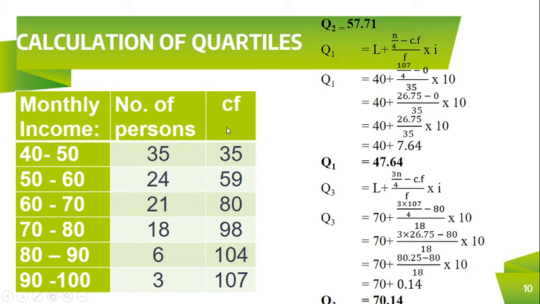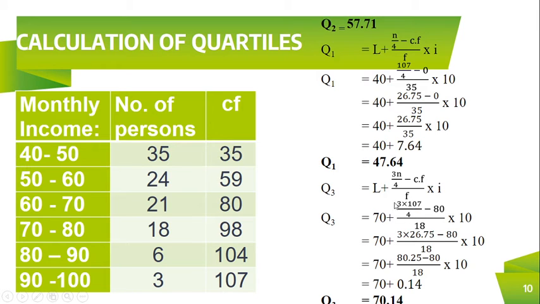So before this line there is no CF. So our CF is 0 by the frequency pertaining to the class interval selected is 35. So by 35 into the class size which is 10. So having solved this, we arrive at our answer 47.64 for Q1.